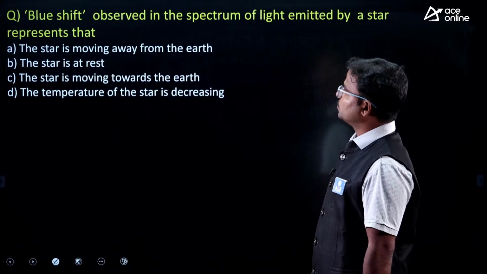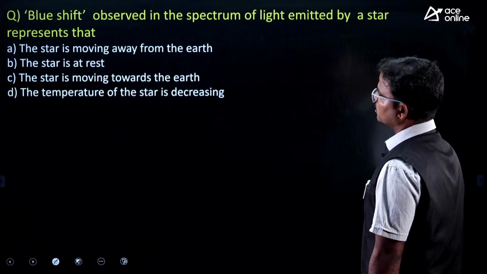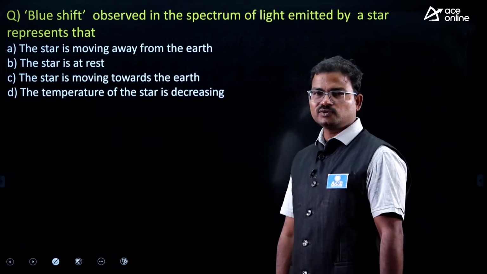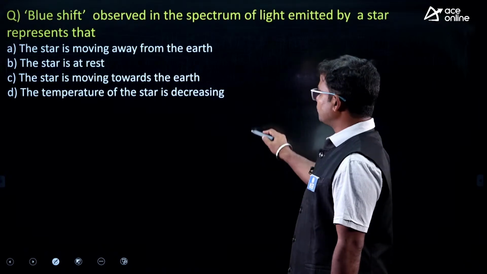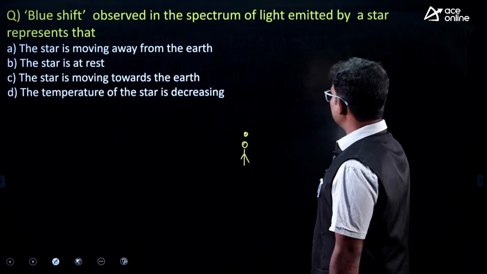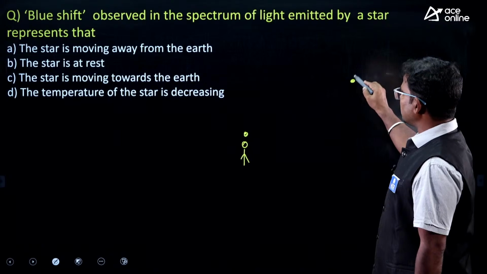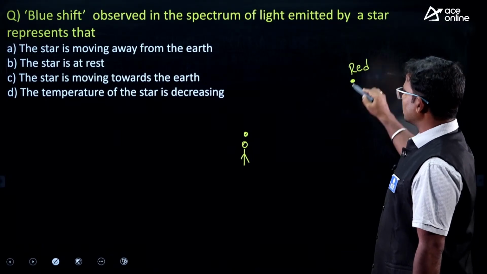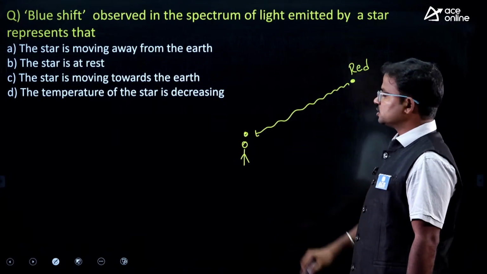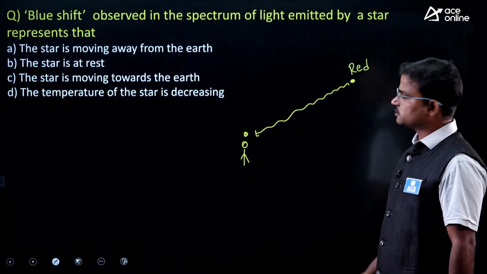Next, the blue shift observed in the spectrum of light emitted by a star represents what? In cosmology, we generally use two terms, blue and red. Let's consider an observer and a particle. If the particle exhibits red color, it is very far from the observer, that is the symbolic indication.